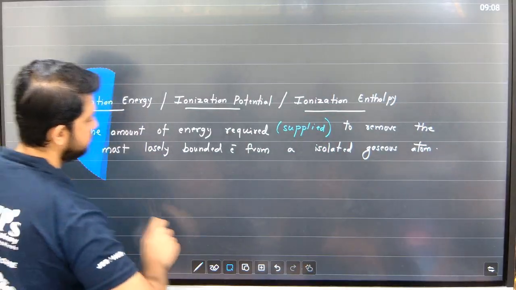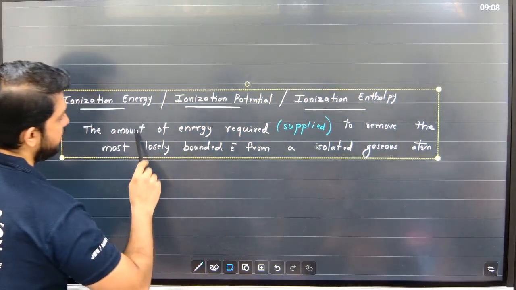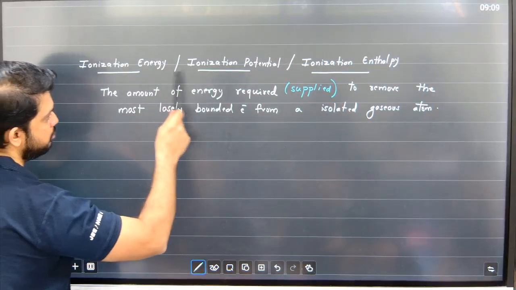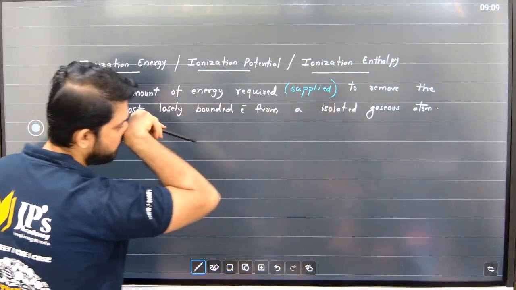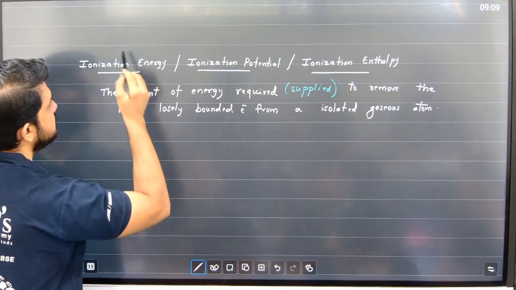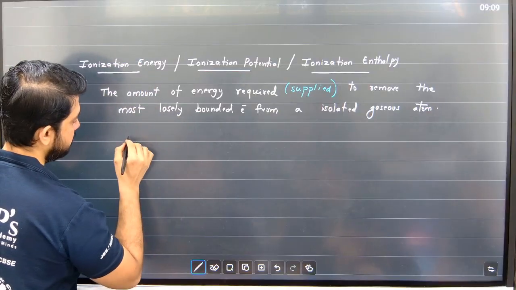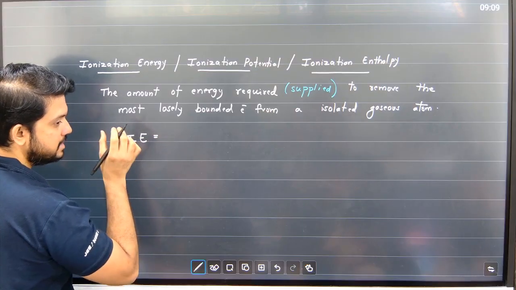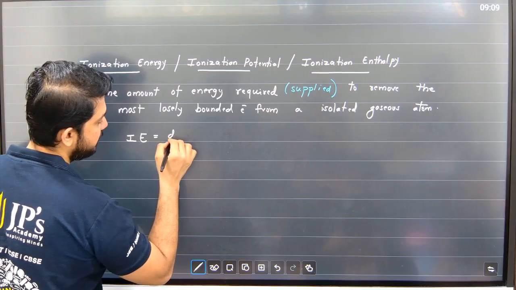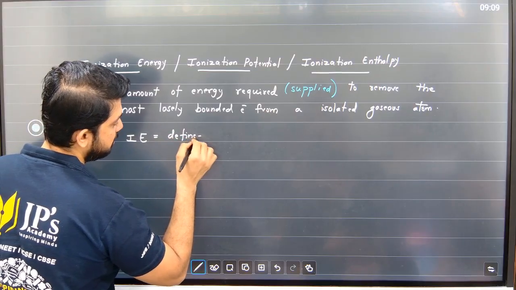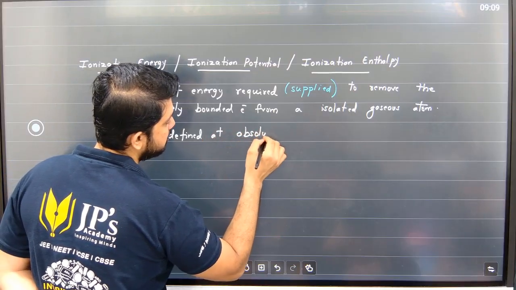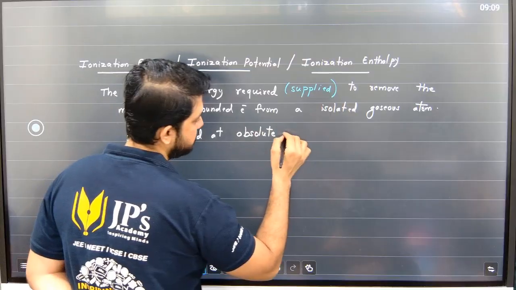Now, what is the difference when we use the word energy compared to the word enthalpy? See, the term ionization energy is defined at absolute zero temperature.